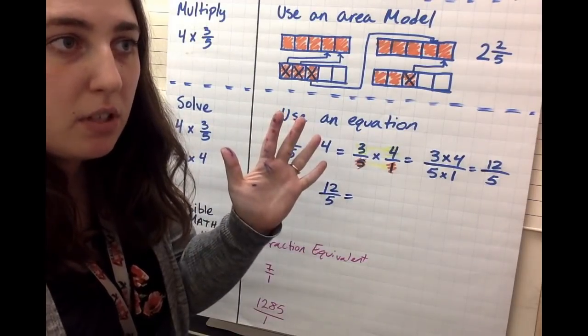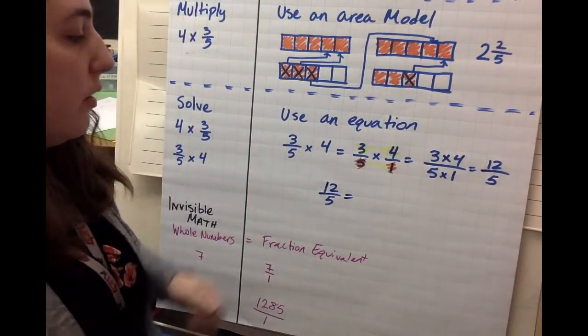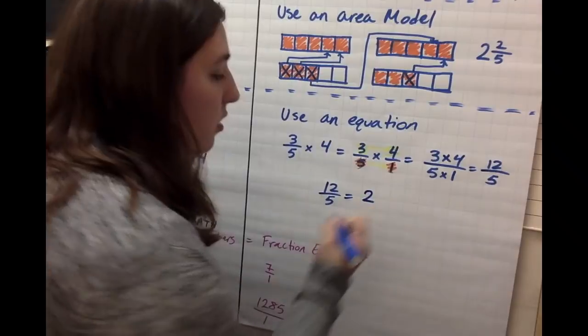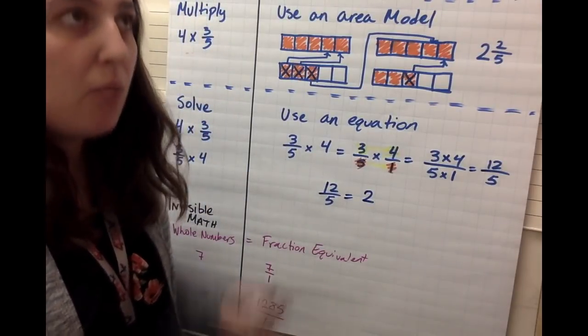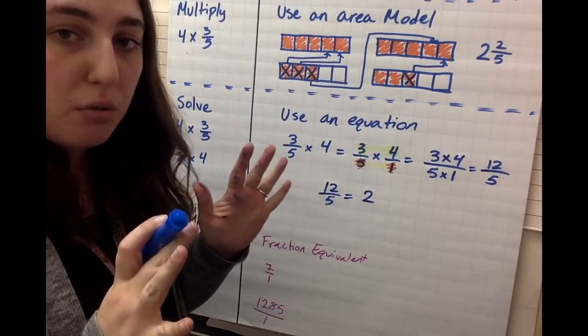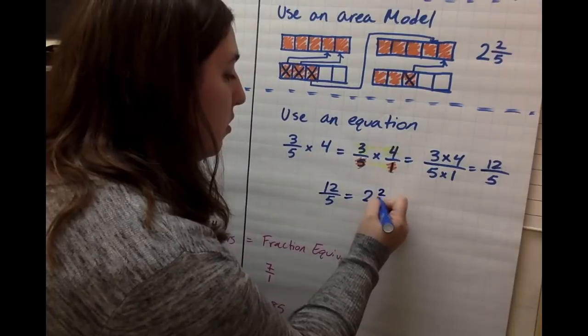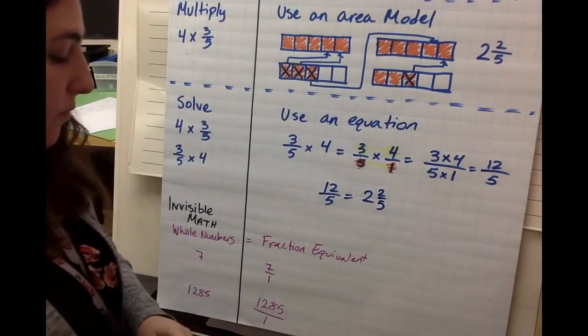So I have 5, 10, 15, 15 goes over. So 5 goes into 10 2 times, and then what do I have remaining? So I'm up to 5 and 10, and then I have 2 remaining, right? So I have 2 out of 5 remaining.